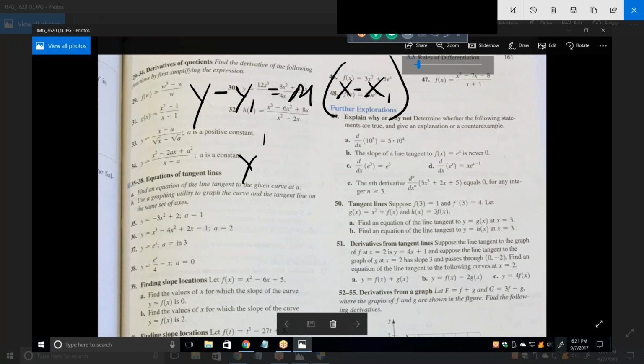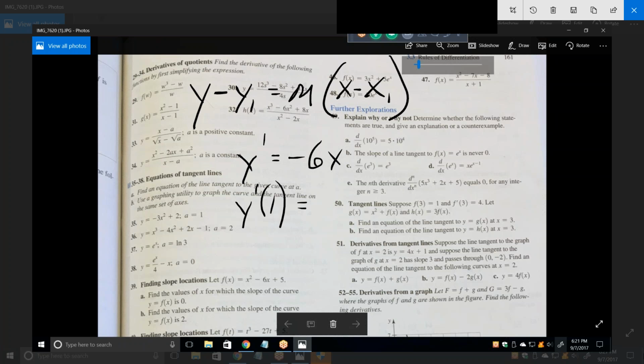So what is y prime here? Negative 6x. Okay. And now what is y prime evaluated at 1? That's a combination of using f of x notation and y notation.